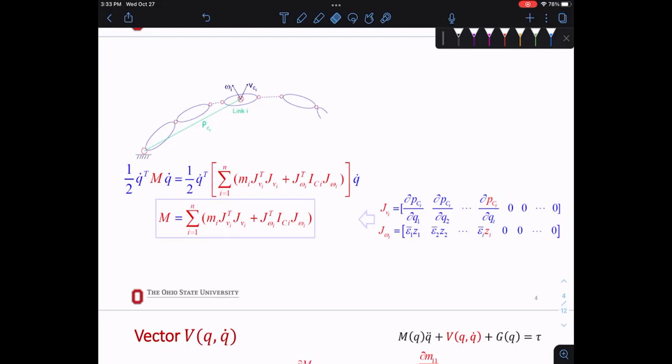So you only have the first terms, and everything else you consider 0 because there's no effect from those on your first link. If i is 2, I have the first one and the second one, and everything else is 0 for now. So for any link i, all the joints after that have 0 effect. It doesn't matter if it is in the linear Jacobian or in the angular Jacobian.